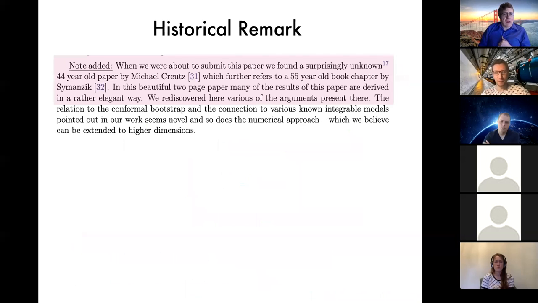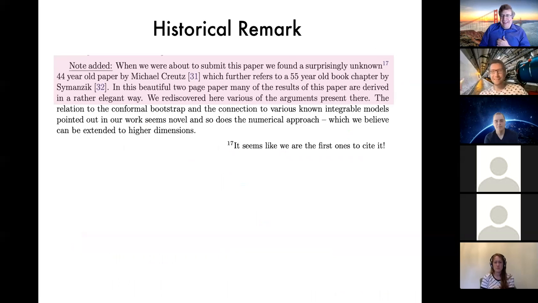So let me make a historical remark. This is a sort of anecdotal story, but in one of the papers in this new version of the S-matrix bootstrap, after great results, there is a note where the author says that they found a surprisingly unknown 44-year-old paper, which beautifully in 2 pages does great things, which they rediscovered. And then there is this footnote 17, and it seems like they are the first to cite it.